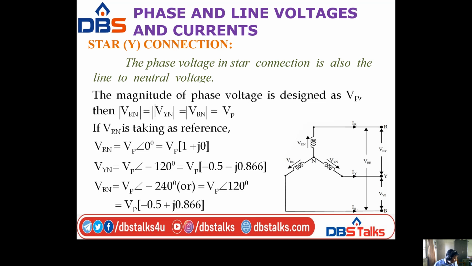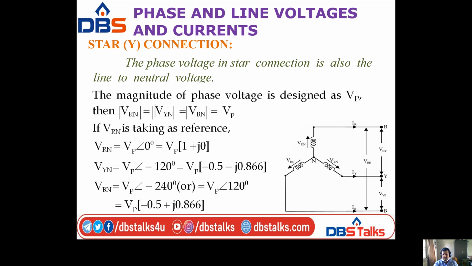As usual, R phase is generally taken as the reference. Therefore, VRN is equal to VP at an angle 0 degrees, that is VP (1 plus j0). Similarly, VYN is VP at an angle minus 120 degrees.